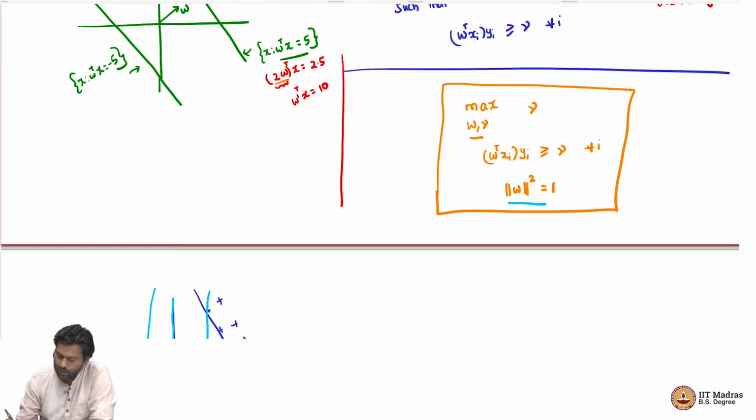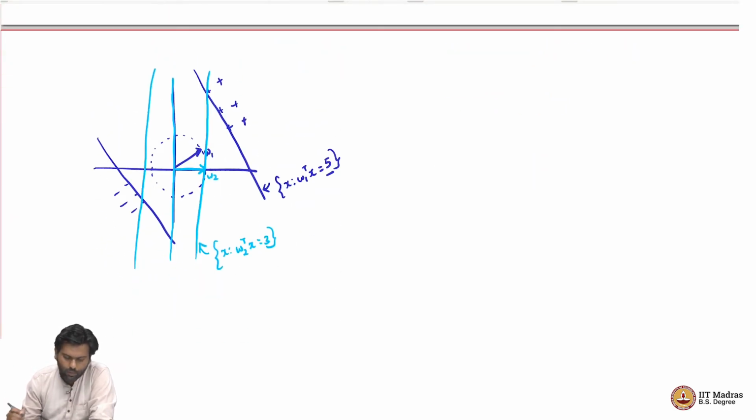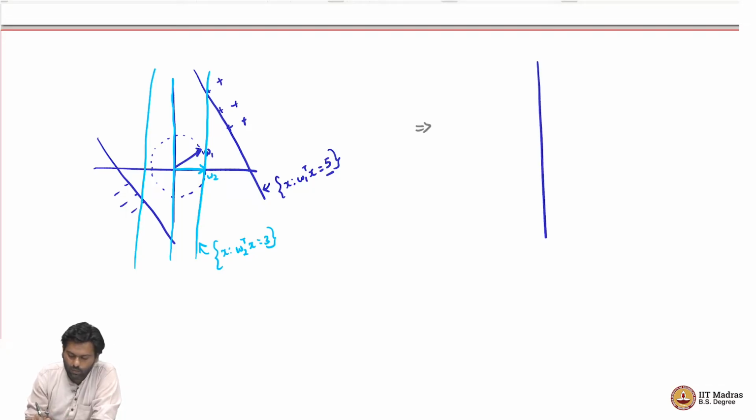So what does that mean? That means I am still going to search in each direction, but now this picture will look as follows. This picture for the same data set is going to look like this. The data set is the same, nothing has changed about it.